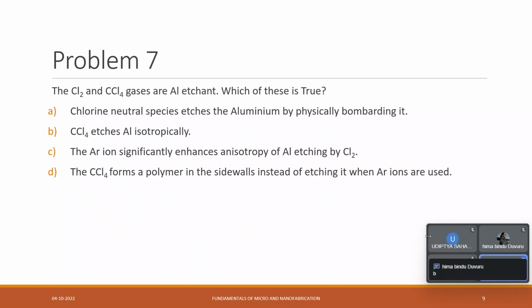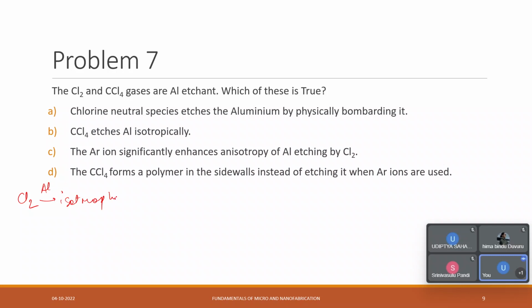Okay, essentially, we will see the cases in detail then. Essentially, when Cl2 is used, it etches aluminum isotropically.